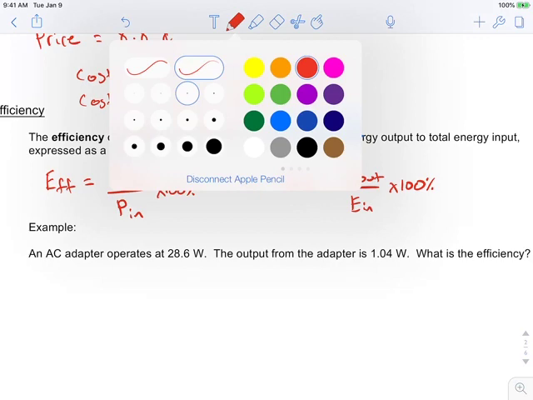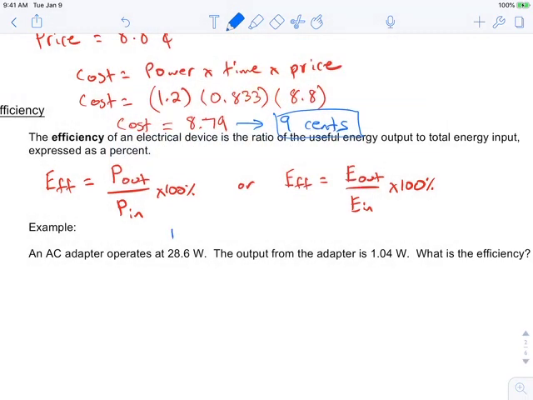I'm going to give you a tip. If you do your math and your efficiency is over 100%, you have an issue. Your efficiency should always be lower than 100%. If it's not, you need to redo your problem because you have screwed something up.